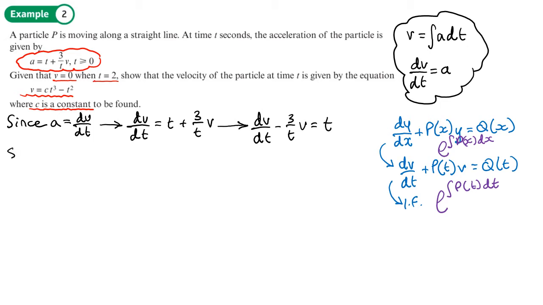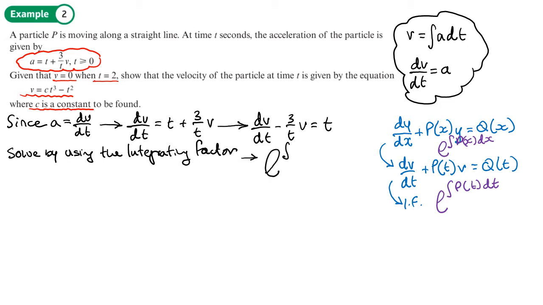And we're going to solve by using the integrating factor, as we've just spoken about. And the integrating factor is going to be e to the integral of p(t). Now p(t) is this, minus 3 over t. So it'll be minus 3 over t dt.